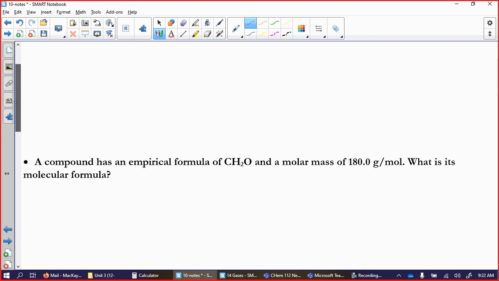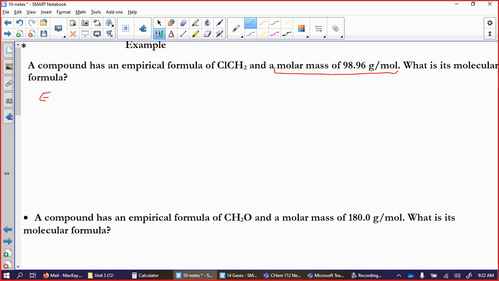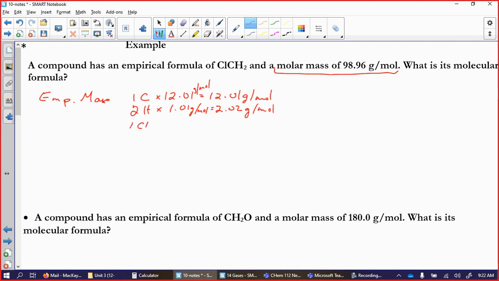So if you're asked for a molecular formula and you're given an empirical formula and a molar mass, we can calculate the empirical mass: 1 carbon... so calculate the mass of the empirical chunk.